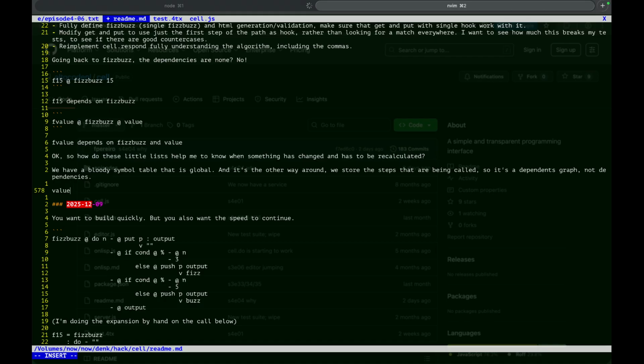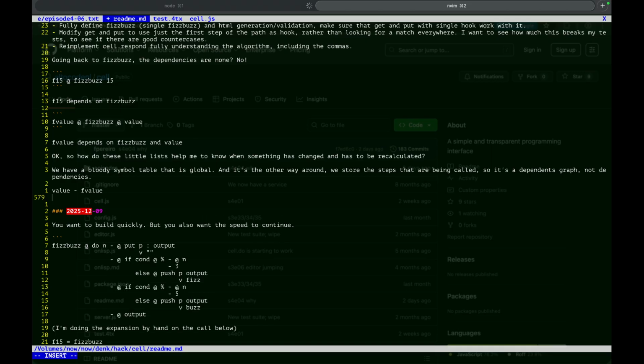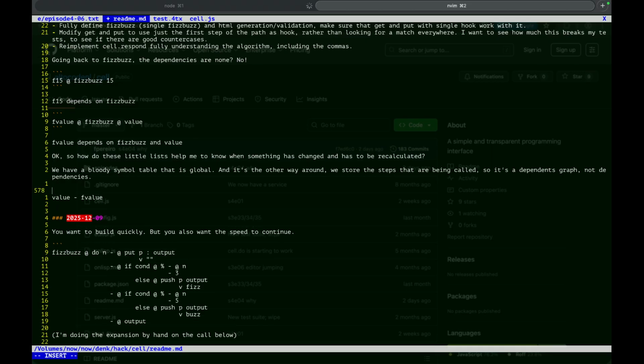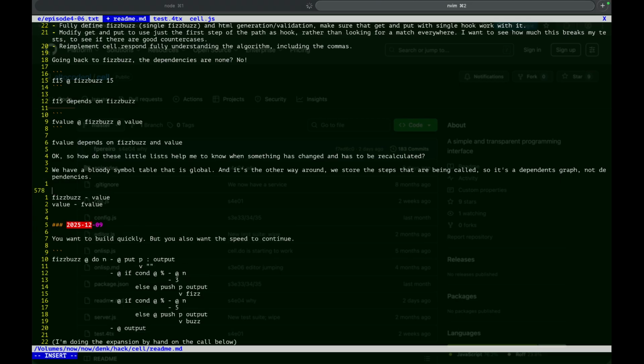Value has f value. Actually, let's do it like this.